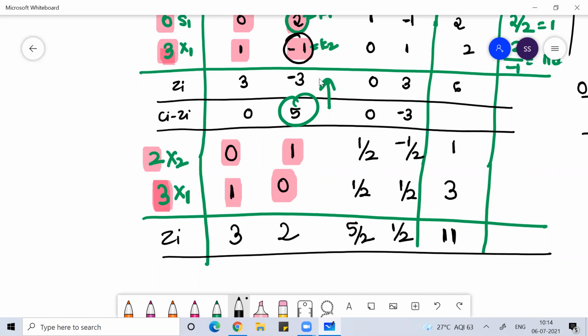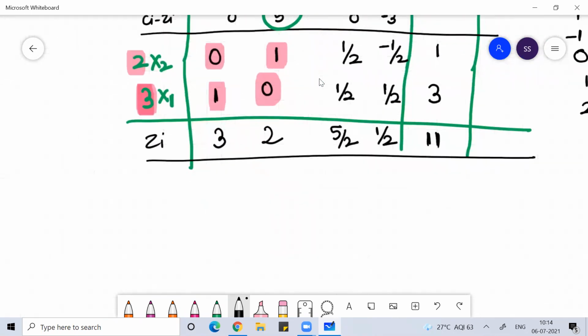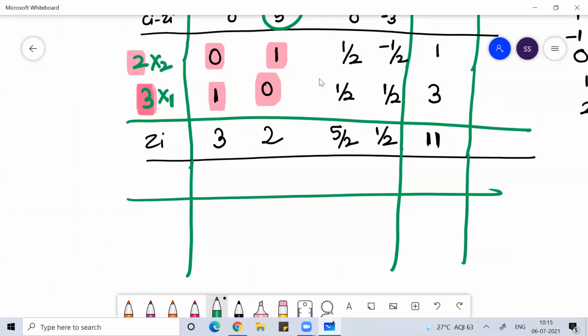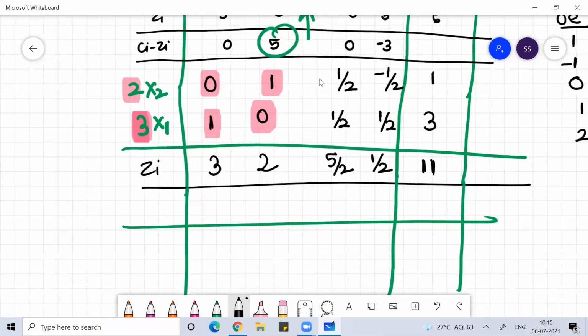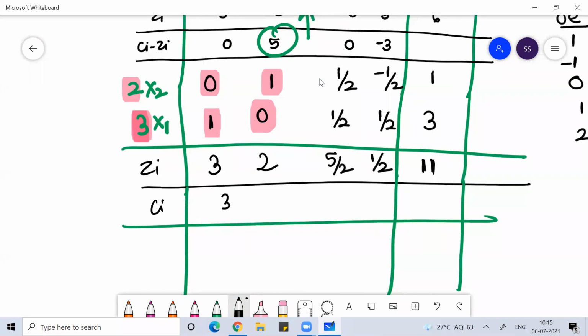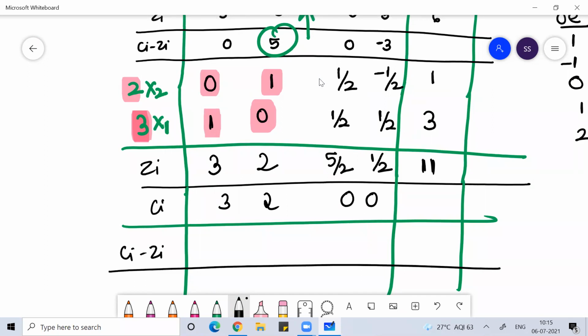Once you find the zi value, you can find ci minus zi. The ci values are 3, 2, 0, 0. Ci minus zi is then 0, 0, minus 5 by 2, minus 1 by 2.